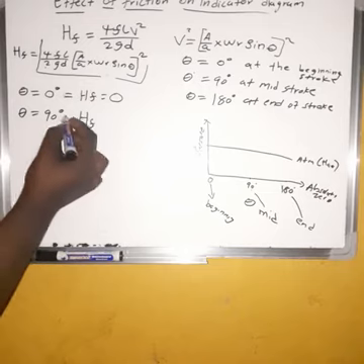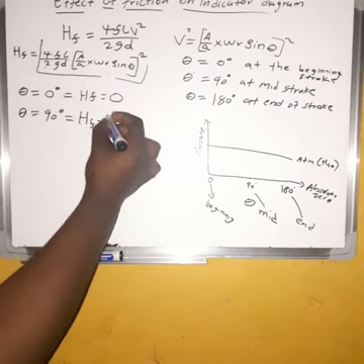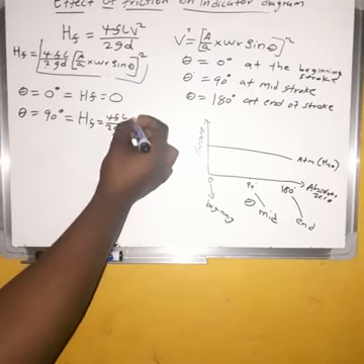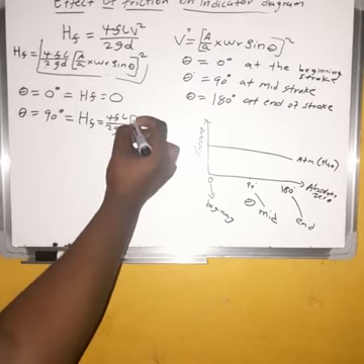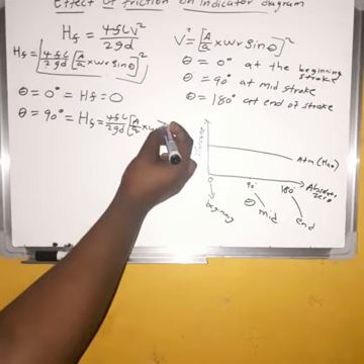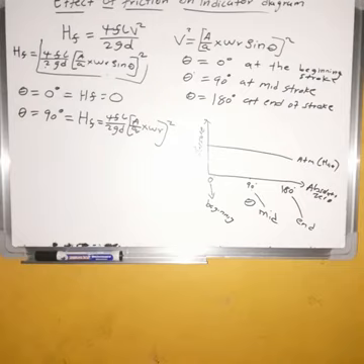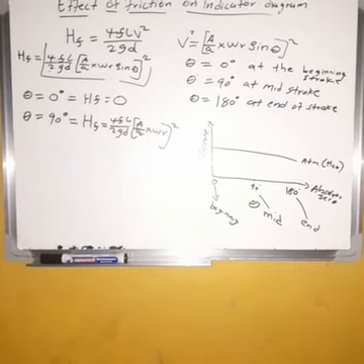When theta is equal to 90, our HF will be equal to 4FL over 2DG into area over area multiplied by WR squared. There will be no longer sine, because sine is replaced by 1, and when you multiply by 1, the sine fades away.